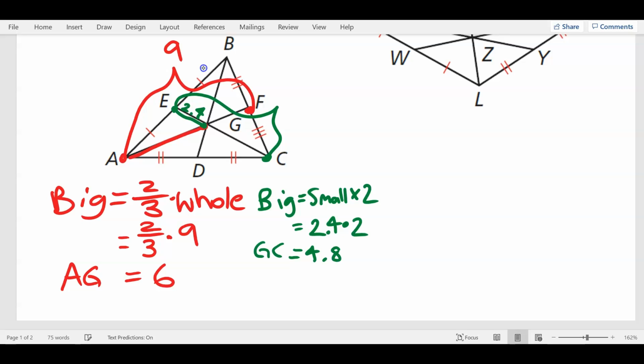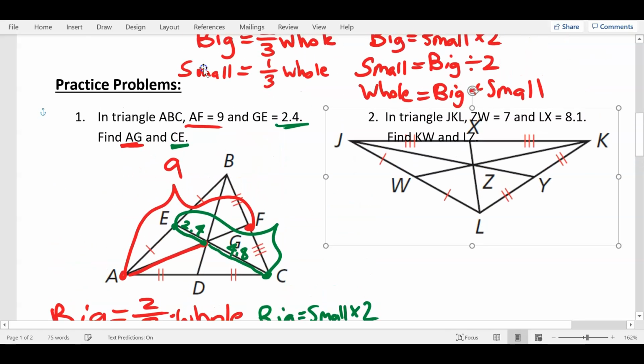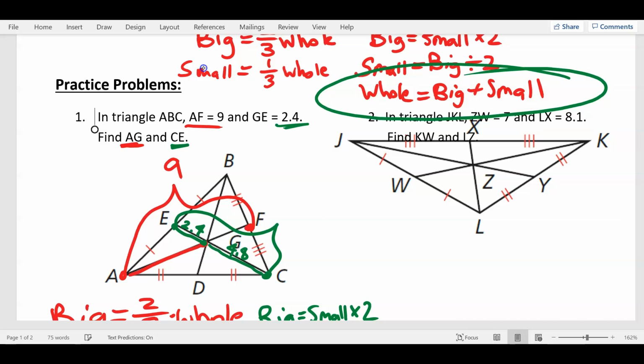So you can label that for GC. And just remember, that's not the final answer, that's only the big part. We want to find the whole thing. We're going to take the small part and the big part and add them together to get the whole thing, right?